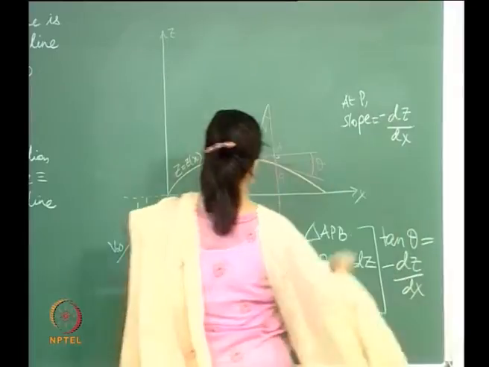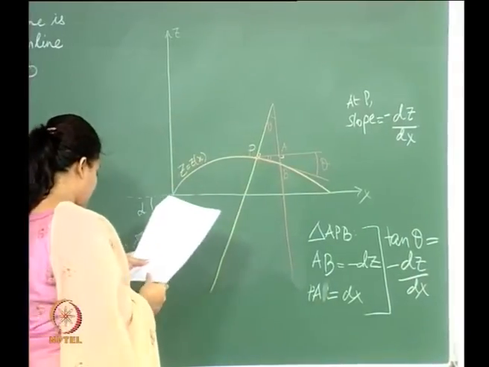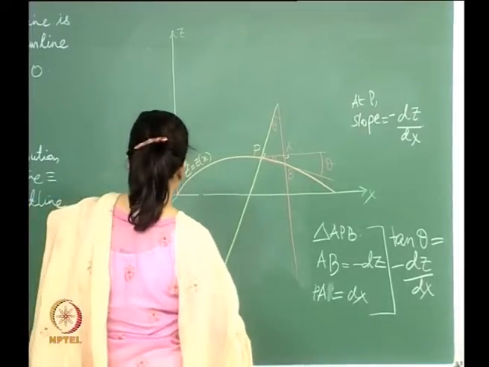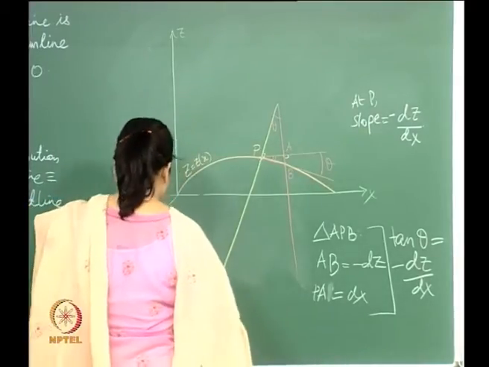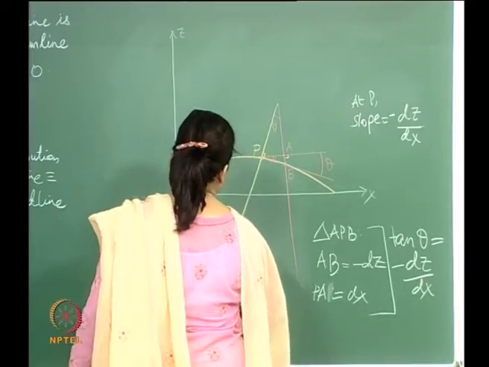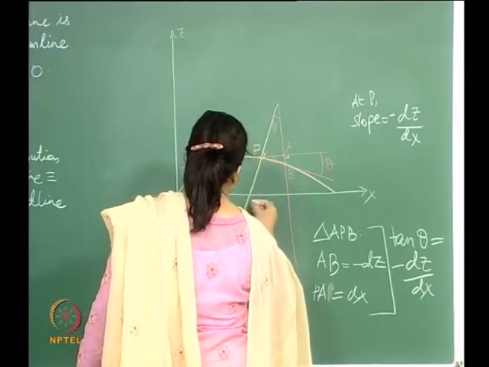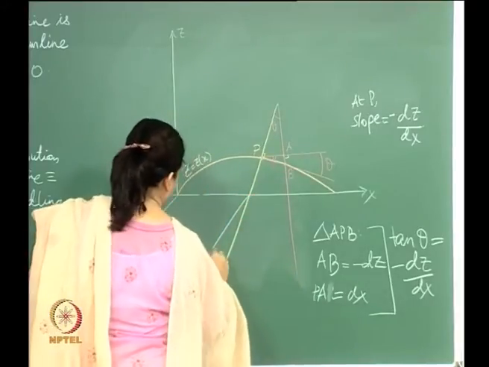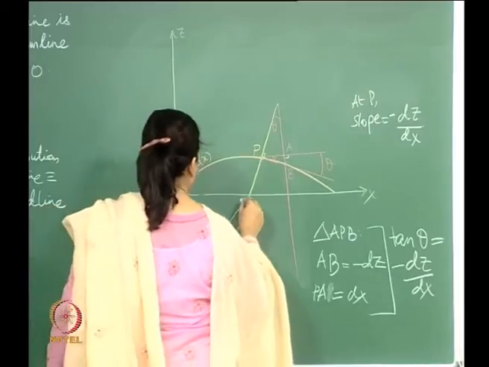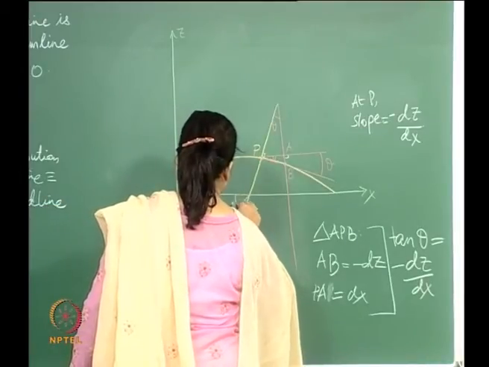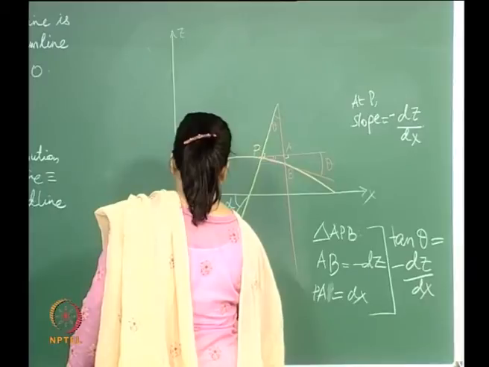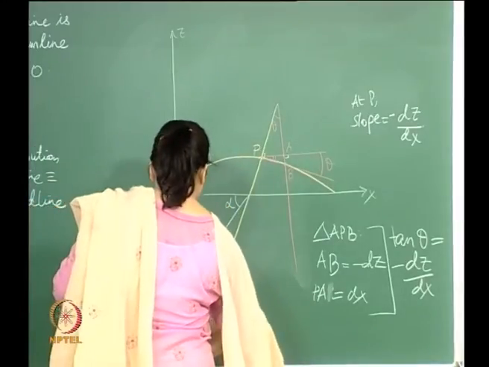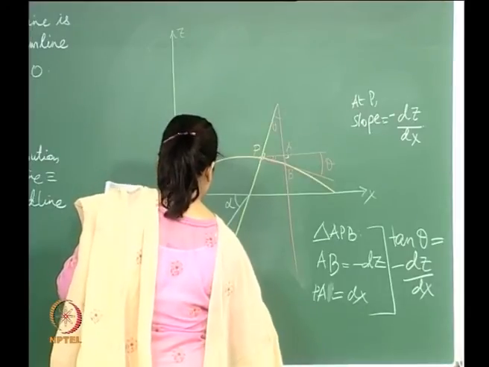So, the slope here is basically minus dz by dx. Actually, I should write it this way. Now, let us include this. I am drawing this line parallel over here. This is my free stream.